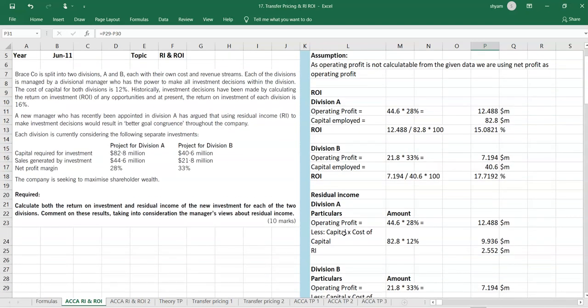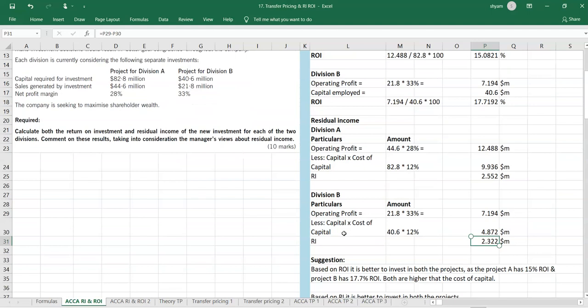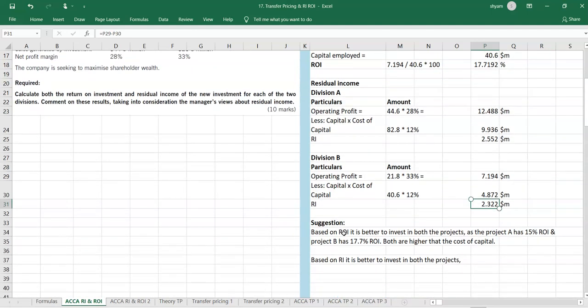So in terms of priority, we can say they should invest in A, but they can equally invest in B also. So we can put it like this: based on RI, it is better to invest in both the projects as both have positive RI. So that's the concept here.